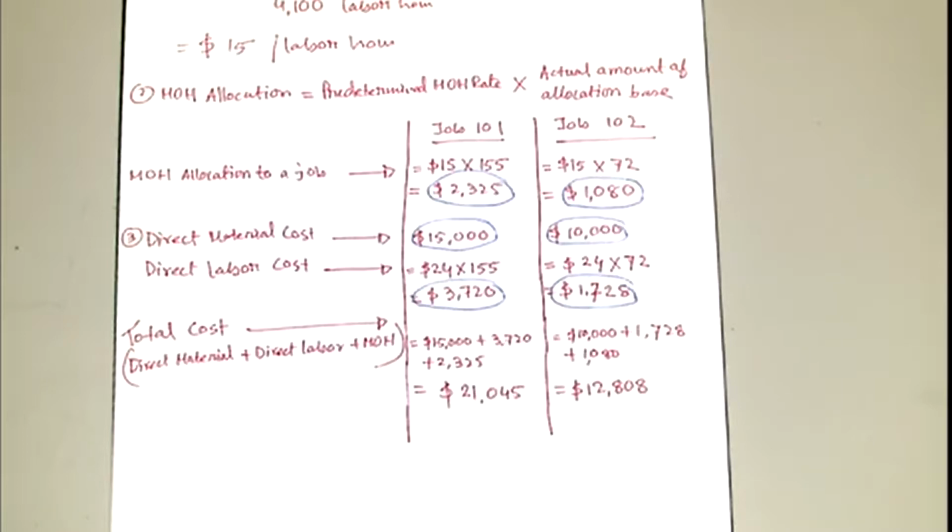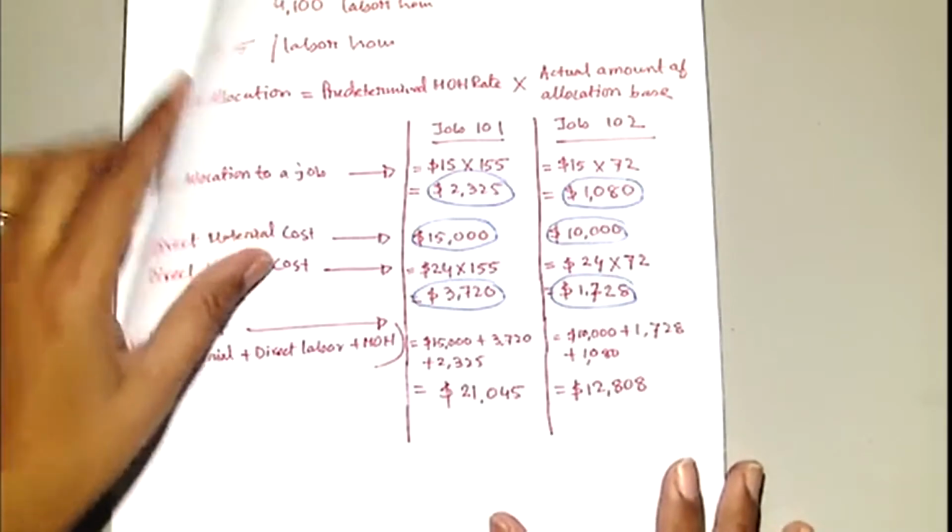It's a shorter one. E321A, the next problem. The same thing you will do, but this time you have a different allocation base.